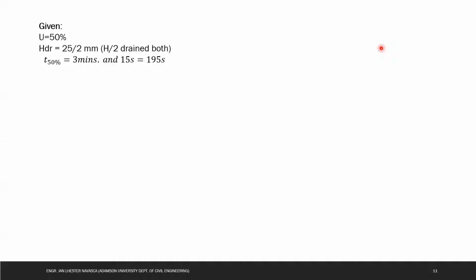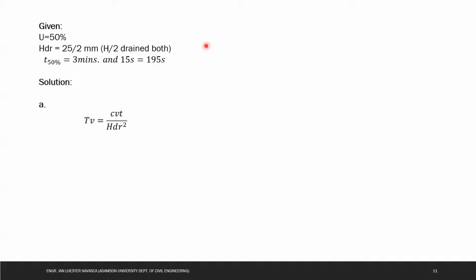That is 25 over 2 millimeters. Then the time it takes for 50% degree of consolidation is 3 minutes and 15 seconds, which in seconds is simply 195 seconds.